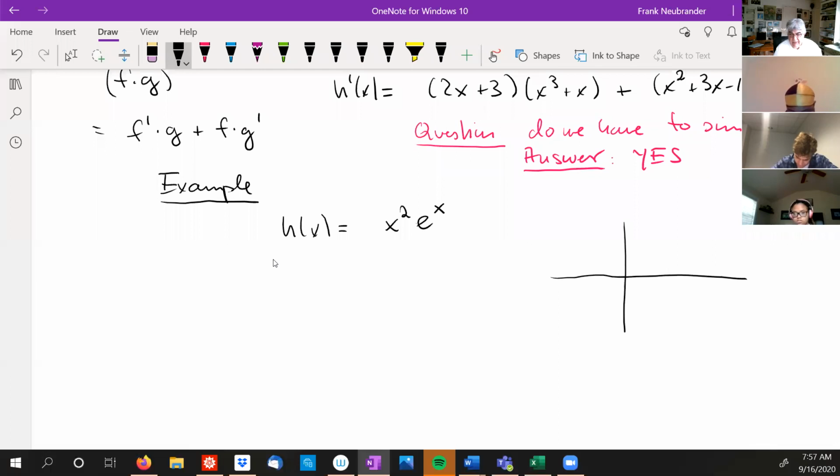What is the domain of this function? X squared times e to the x. Certainly you can plug in all positive numbers. Can you plug in a negative number? What is 10 squared times e to the minus 10? That is the same as 10 squared divided by e to the 10. So yes, it's defined for all x. The domain is all x.